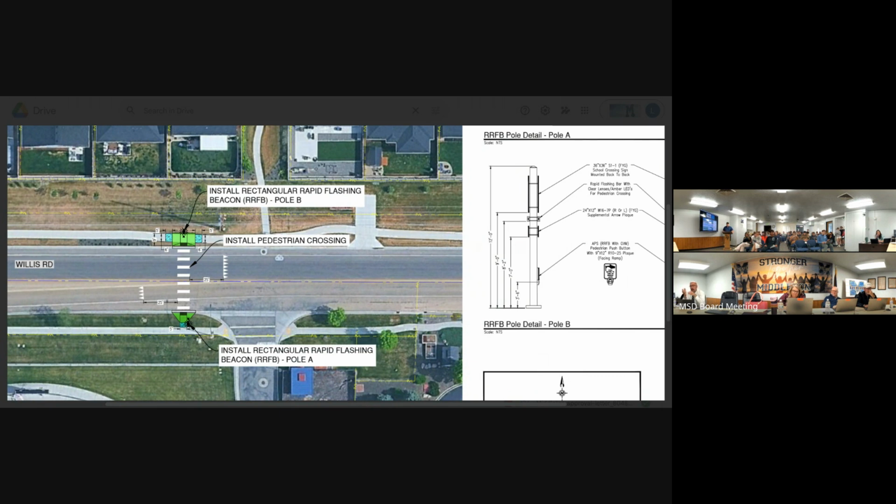But this Safe Routes to School grant is one that could also, would it pay for the whole project? It would pay for the whole project, but it's a long process and you're not guaranteed funds. Just because you put in the application, so did 400 other schools. So you never know.